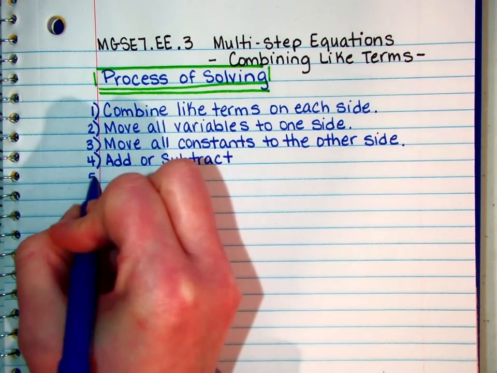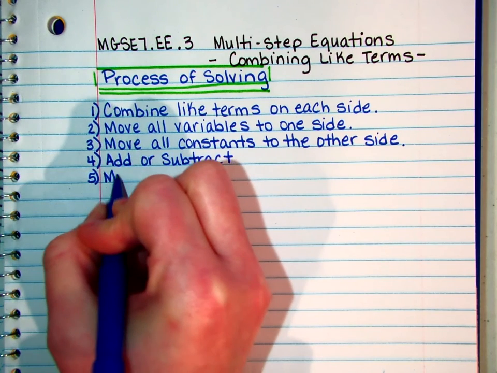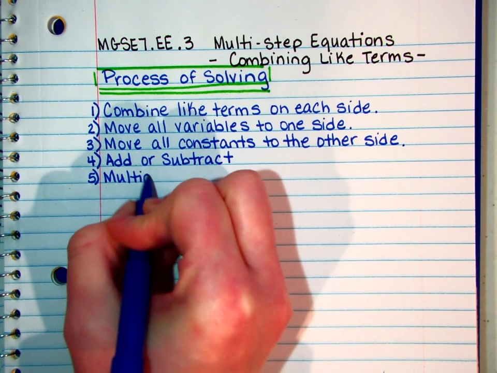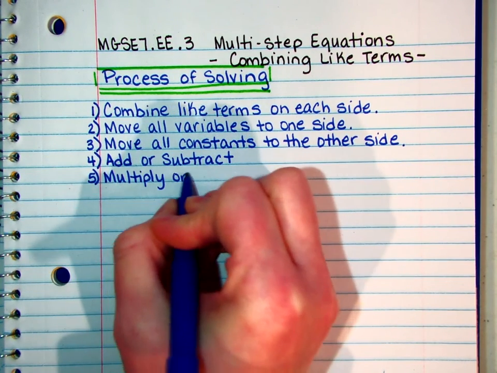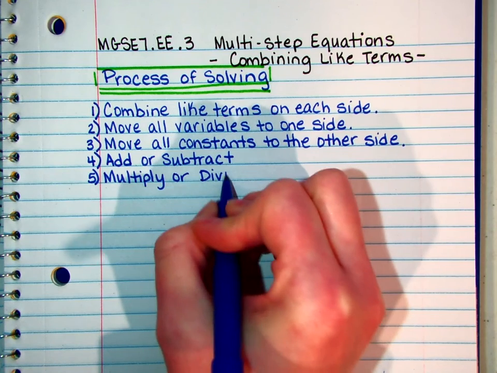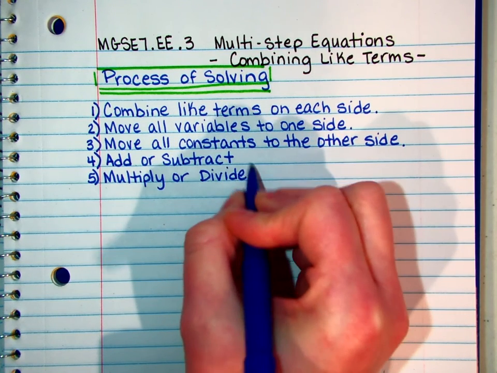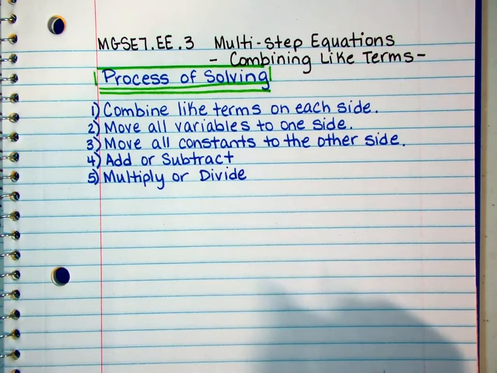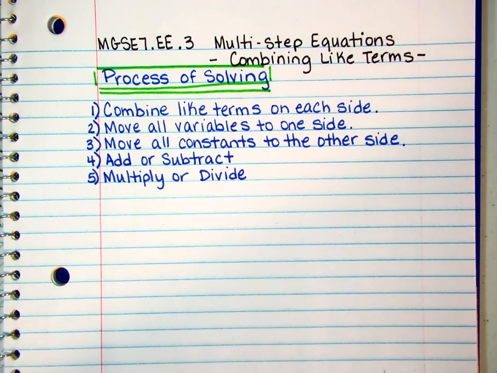And then lastly, we will multiply or divide. Now, keep in mind that these two may change order if there are fractions involved, or our equation looks a little bit different. Okay, so let's work through some examples.